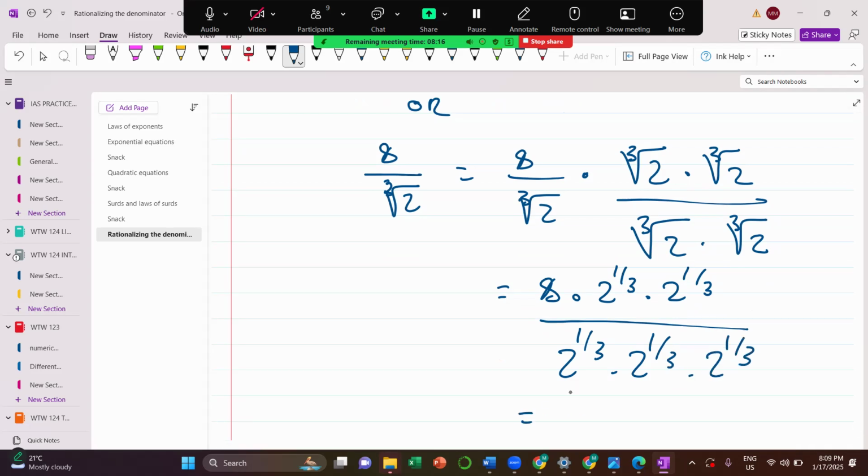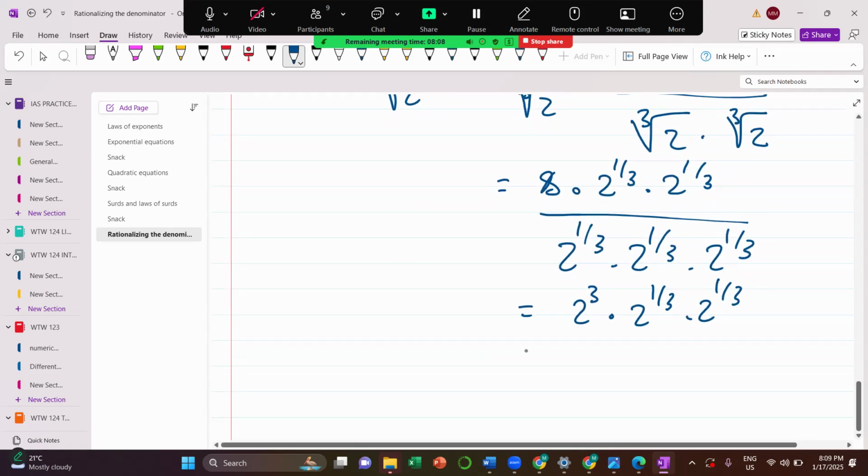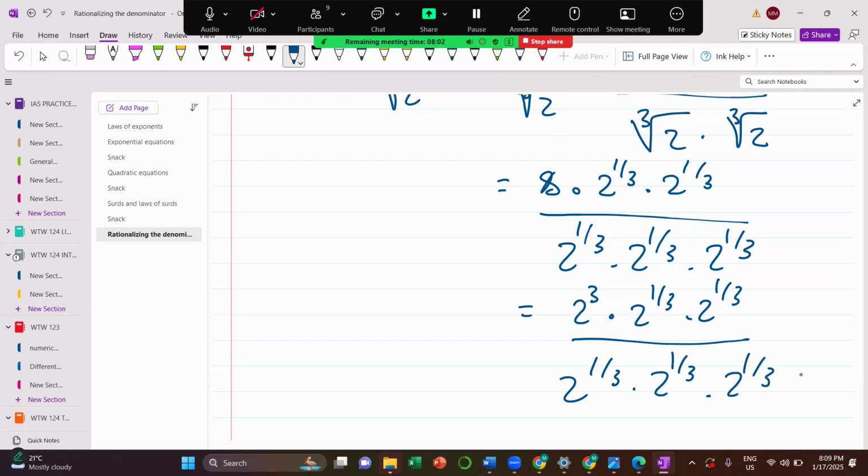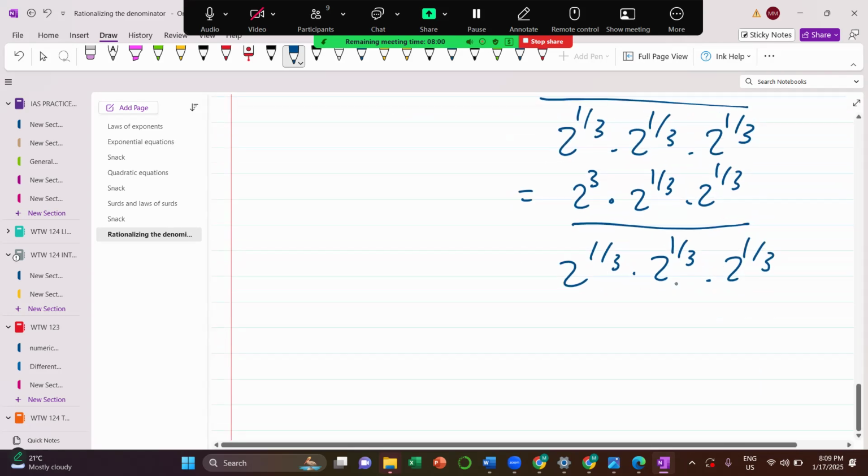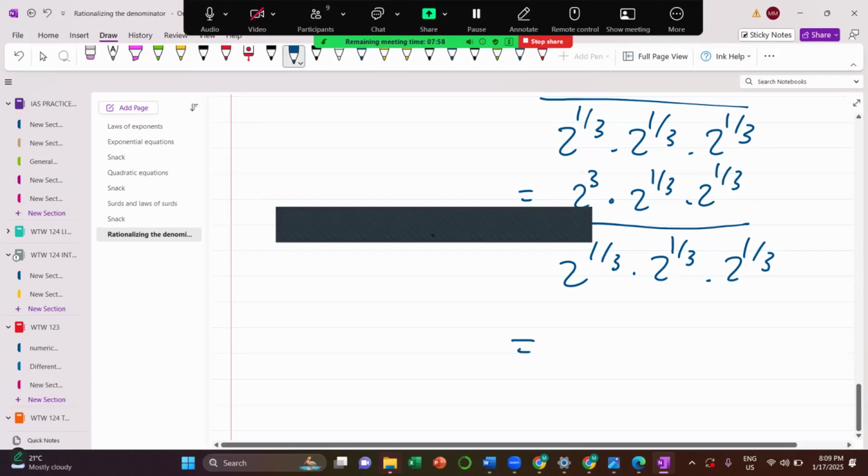And I know this 8 can be written as 2 to the exponent of 3. So at the top, 2 to the exponent of 3 times 2 to the exponent of 1 over 3 times 2 to the exponent of 1 over 3, all over 2 to the exponent of 1 over 3 times 2 to the exponent of 1 over 3 times 2 to the exponent of 1 over 3. Then I have the same base at the top, so I'll add the exponents. What is 3 plus 1 over 3 plus 1 over 3?